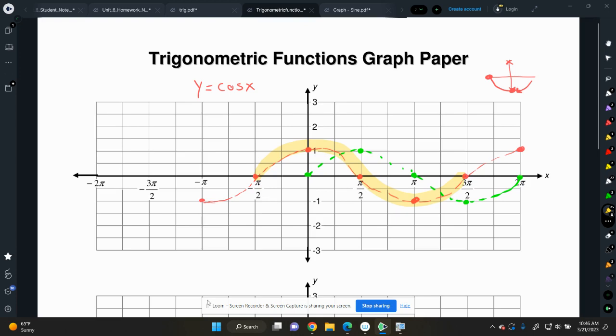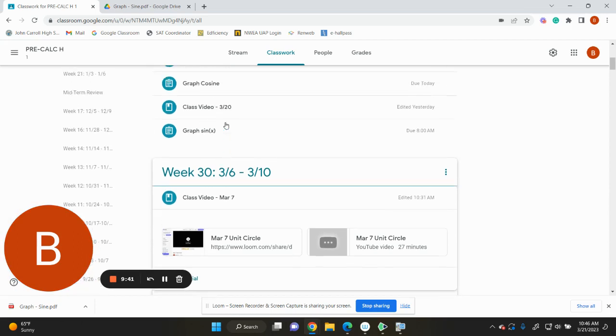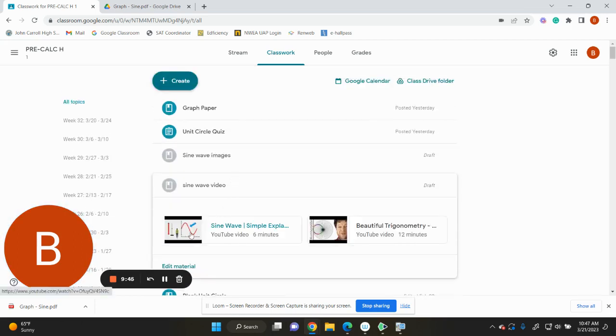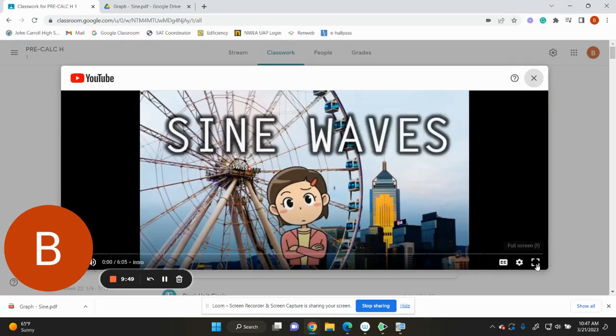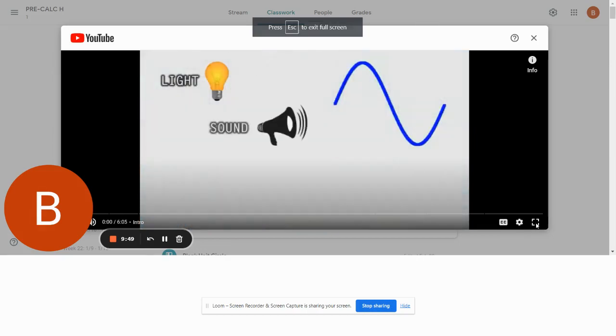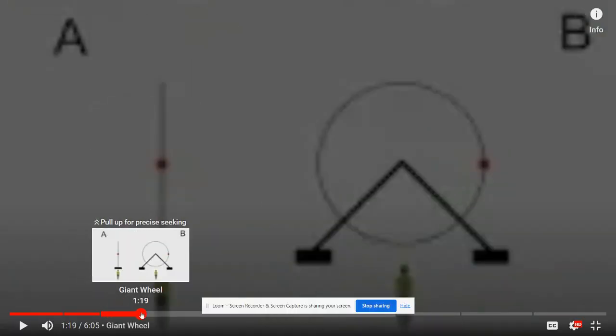So remember yesterday we were talking about the, actually, let me see if I can pull up the video. We were watching the videos with the Ferris wheel, right? So we learned about sine waves.